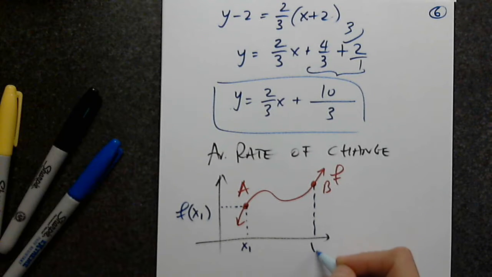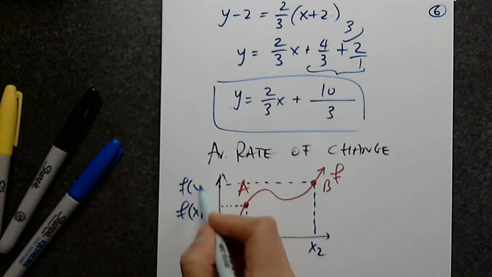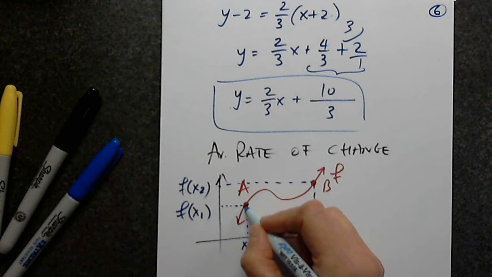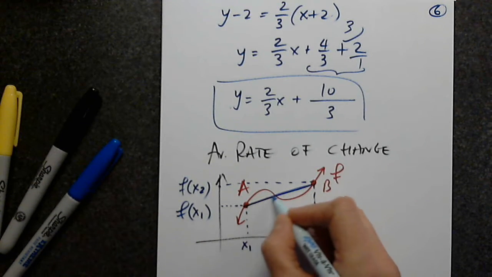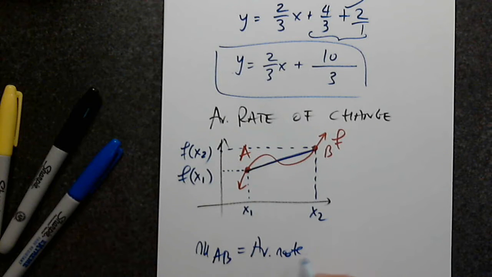So now this is x2. What will this be? Very good. Perfect. And now I draw this line segment between A and B. That is the slope of AB, which is the average rate of change between x1 and x2.